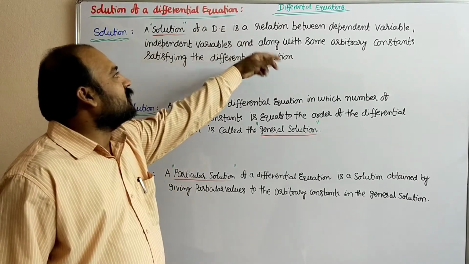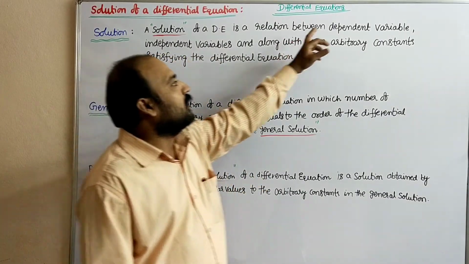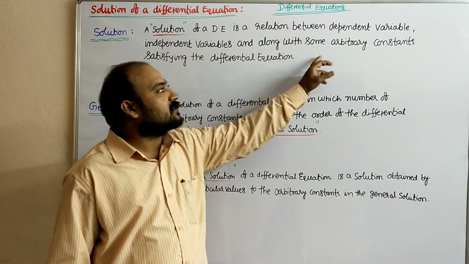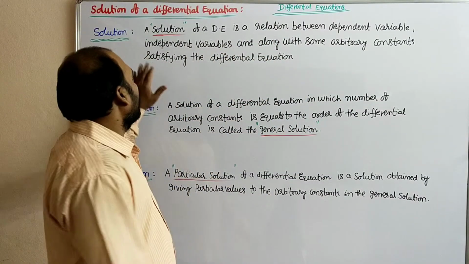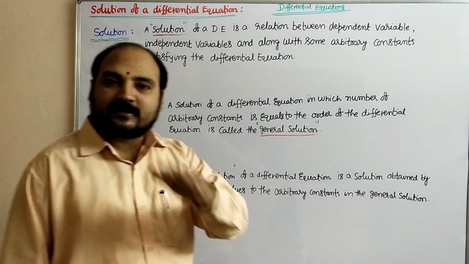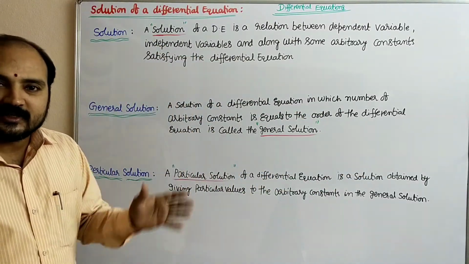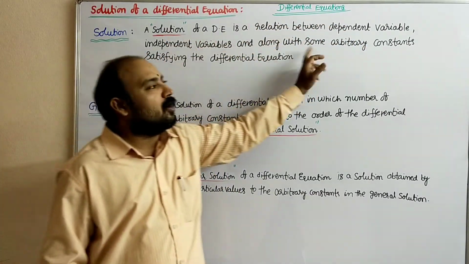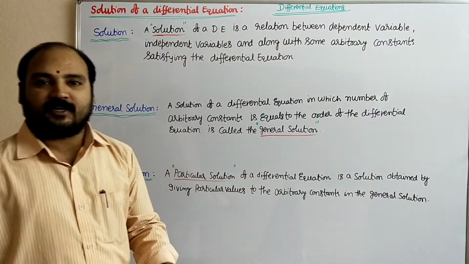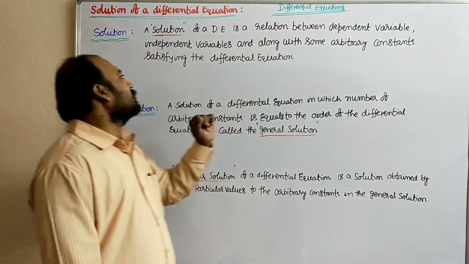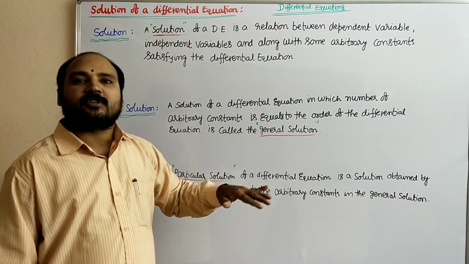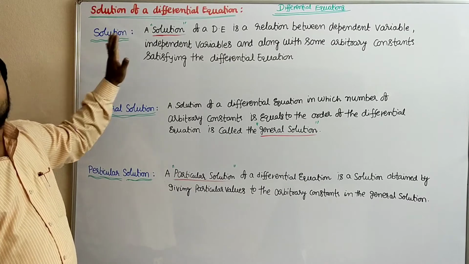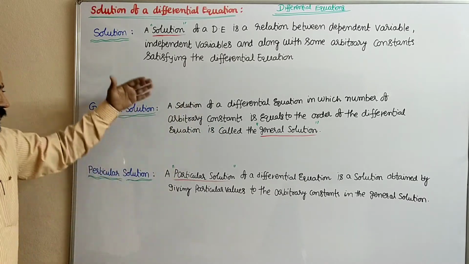A solution of a differential equation is a relation between the dependent variable and independent variables, along with some arbitrary constants, C, T, anything, satisfying the given differential equation. Whatever satisfies the differential equation is called the solution of the differential equation. I will explain with examples.